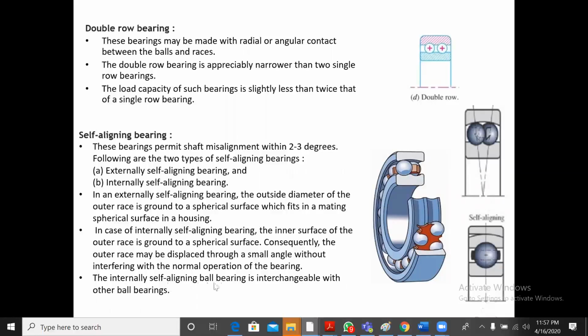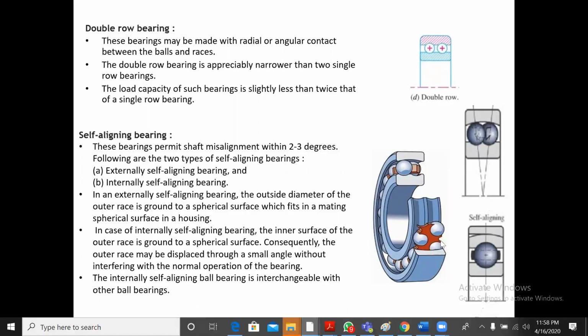The internally self-aligning ball bearing is interchangeable with other ball bearings, but externally self-aligned bearings are not interchangeable because we have to make the housing as per the spherical surface of the bearing.